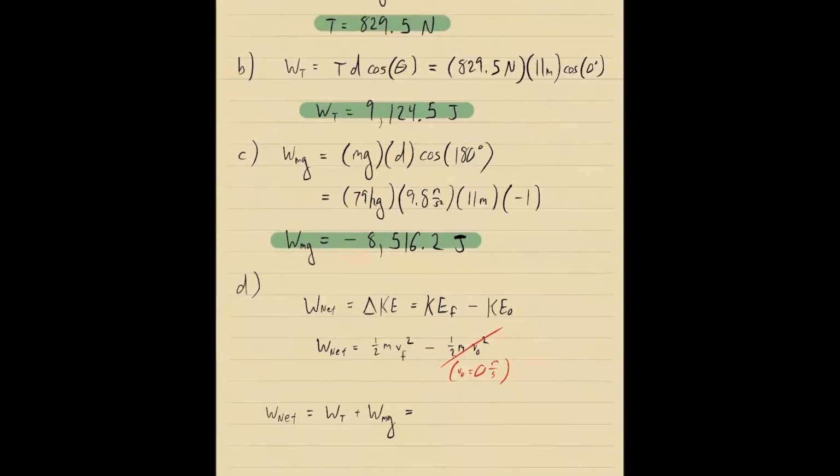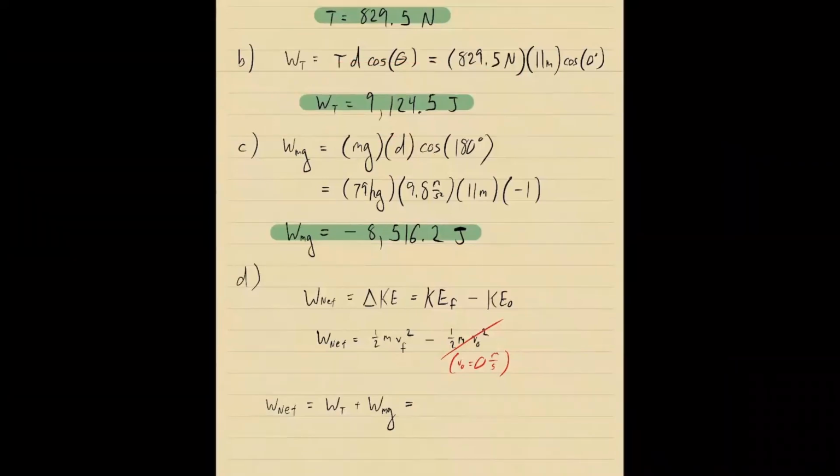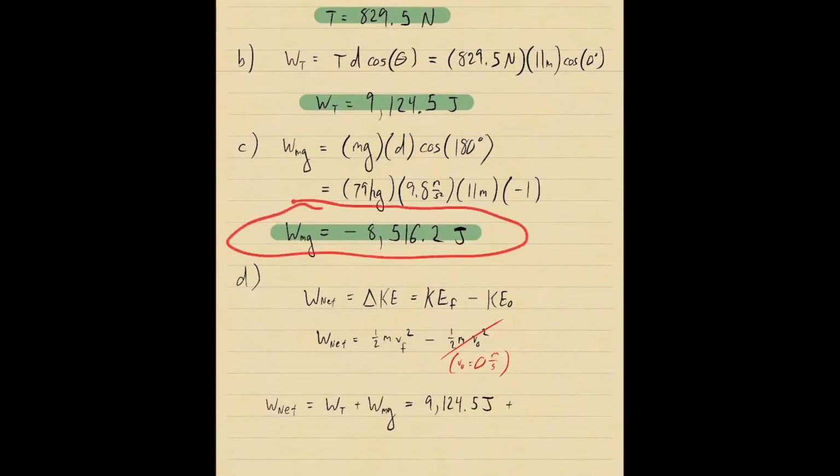So the work done by the tension is this right here, so that's 9,124.5 joules, plus the work done by the force of gravity. The work done by the force of gravity is minus 8,516.2 joules.